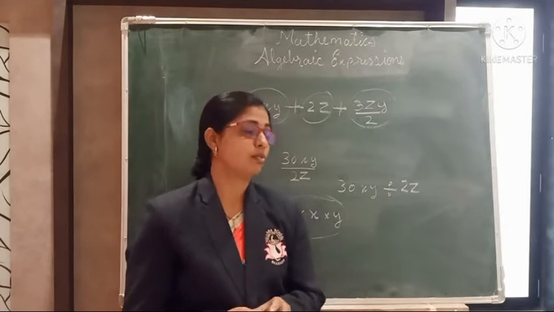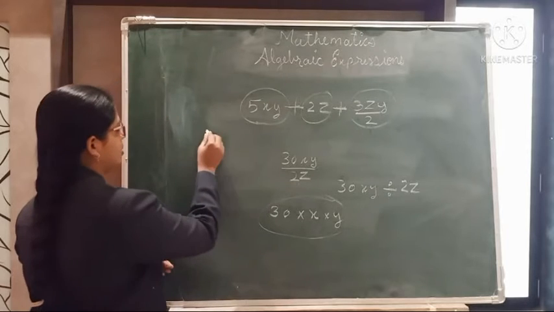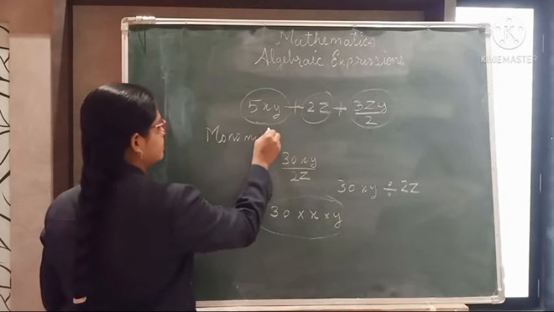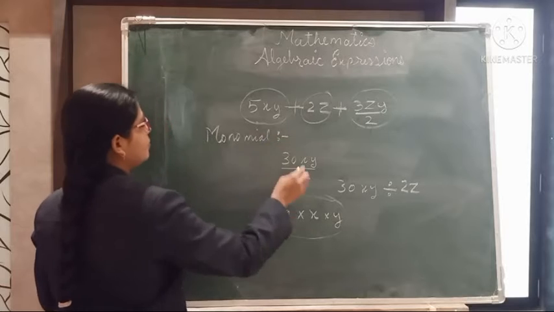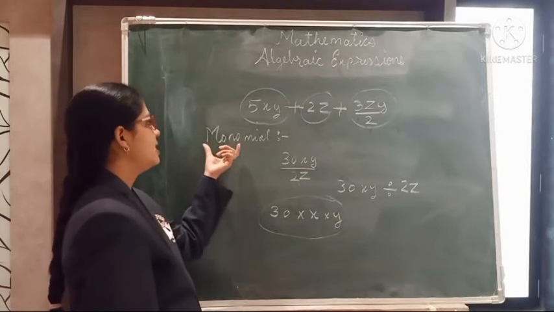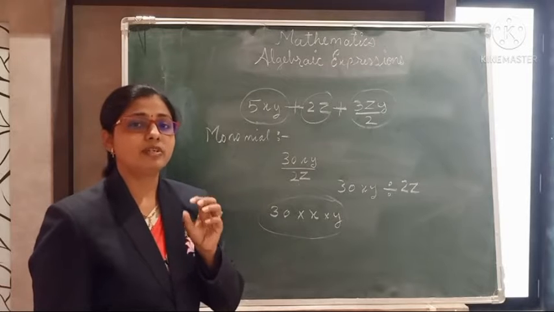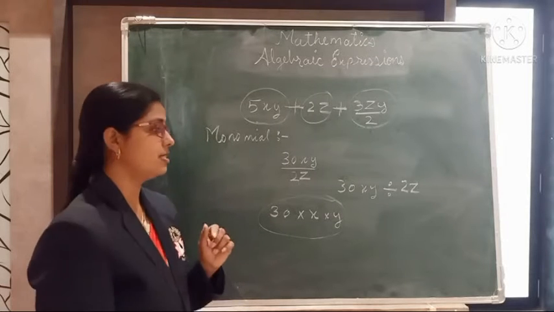The first one is monomial. Now monomial means what? The word mono itself tells us mono means single. So wherever you find a single term, that is known as a monomial.